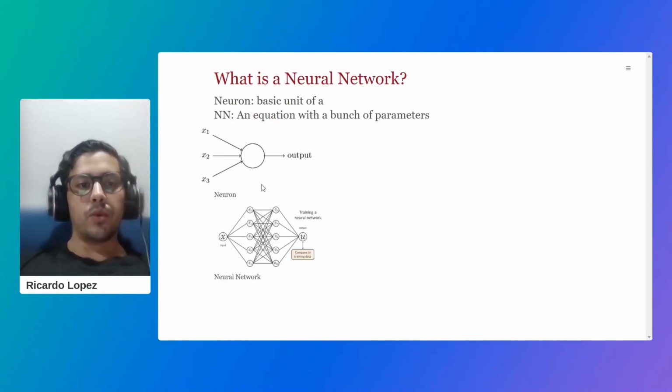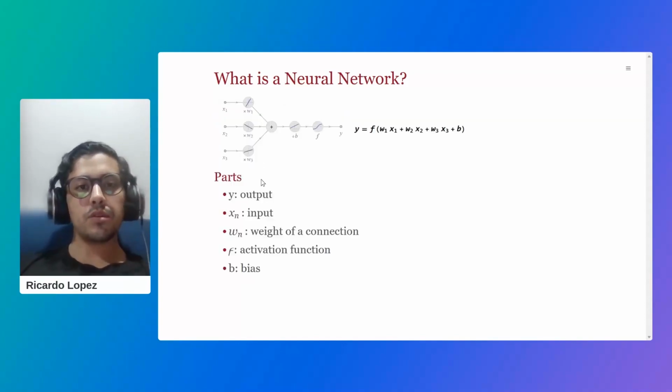But what are the components of the neural network? A neural network is composed of neurons that basically take inputs and hold a number based on those inputs. In this example, this is what a neuron is essentially doing: taking three inputs, multiplying each of them by a weight, plus a bias, a number, and then all of that is squeezed into what is called an activation function.